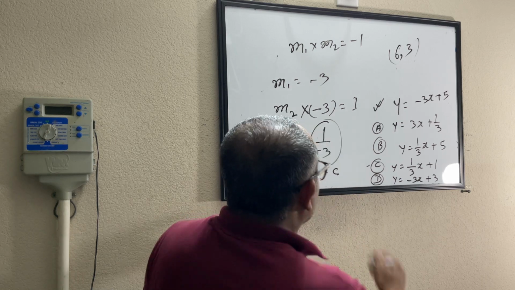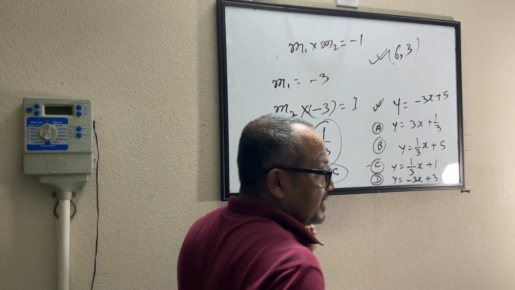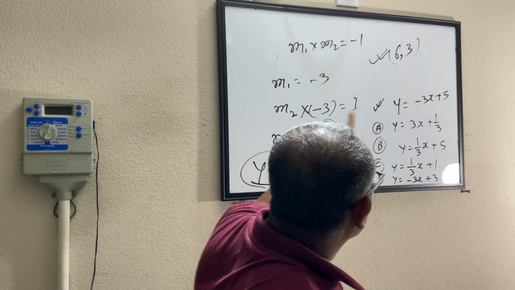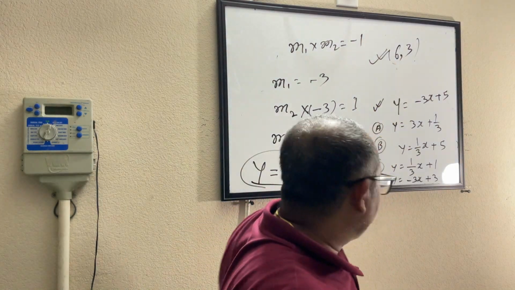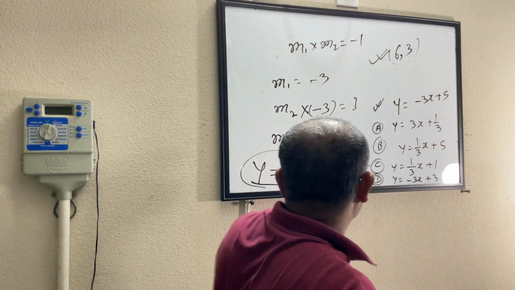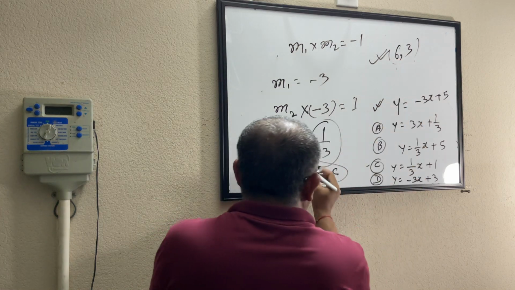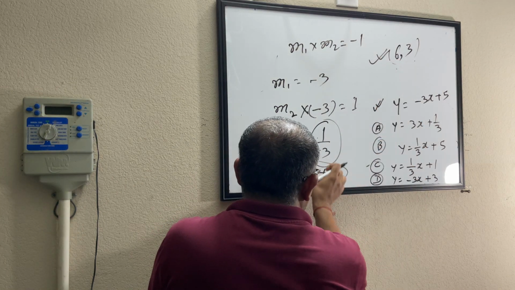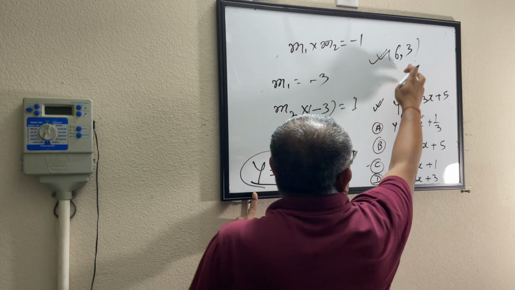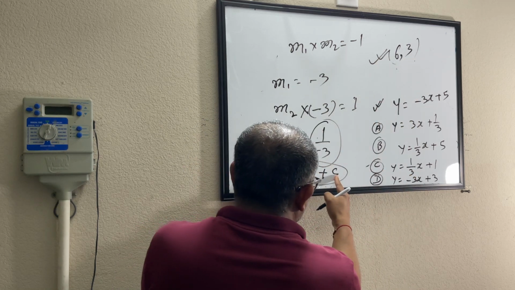Now this line is going through this point. That means this line will satisfy this condition, will follow this contract. So you can substitute the value of x and y in this line and you'll get the value of c. So put x equal to 6, you put a 6 here and you put 3 here and that tells you the value of c.